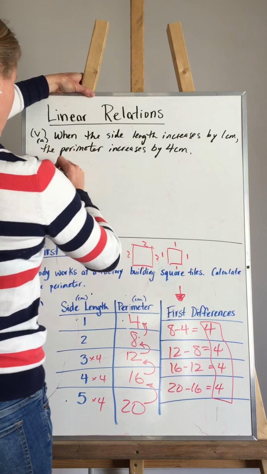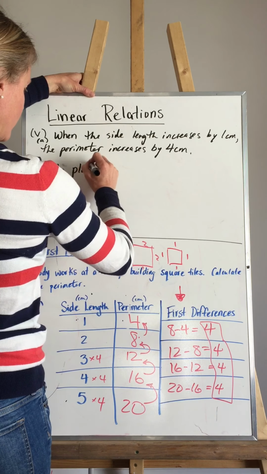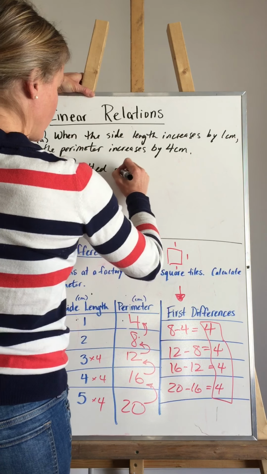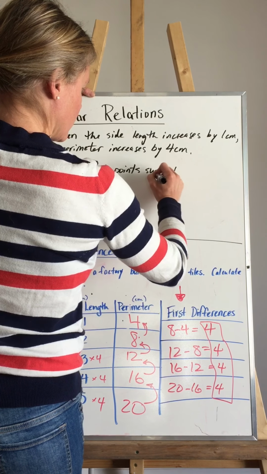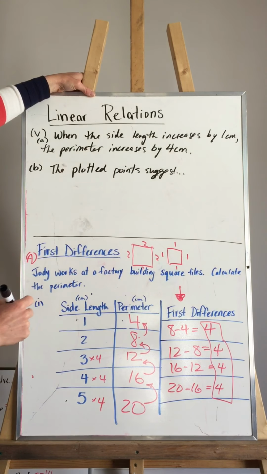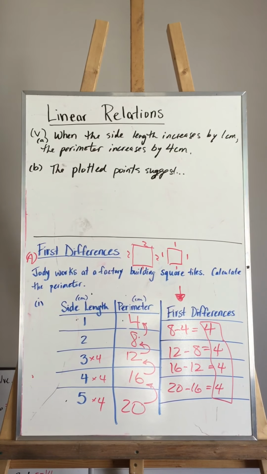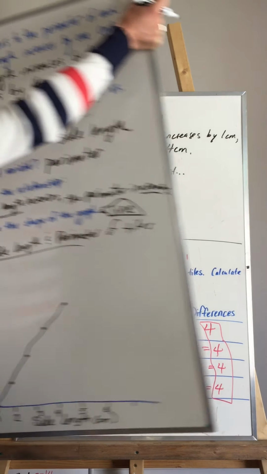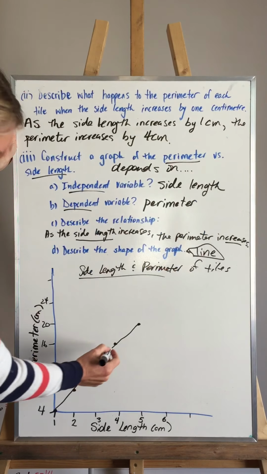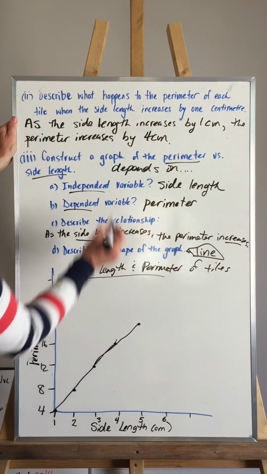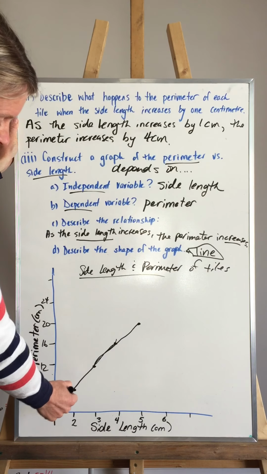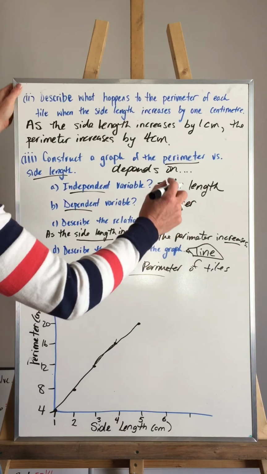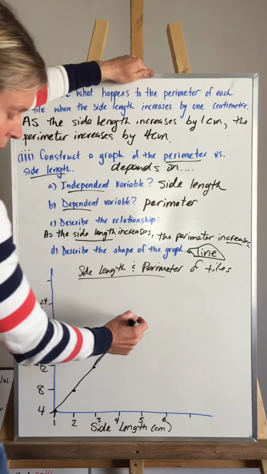B, the plotted points suggest, dot, dot, dot. Well, you could look at your graph here and say, okay, what do they suggest? Well, this unit is all about linear relations. So basically, this is asking that it suggests a linear relationship.